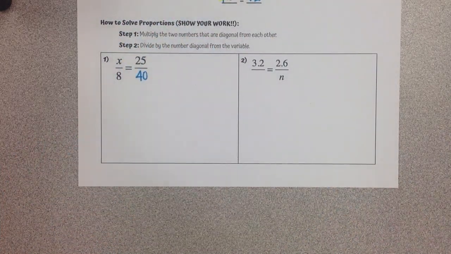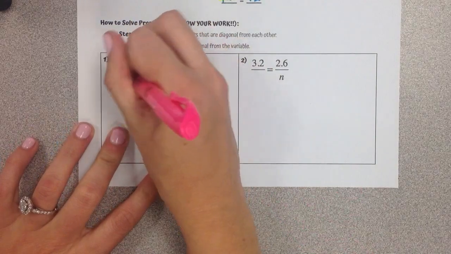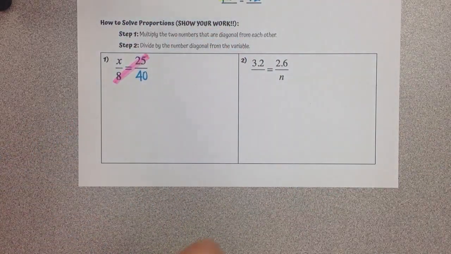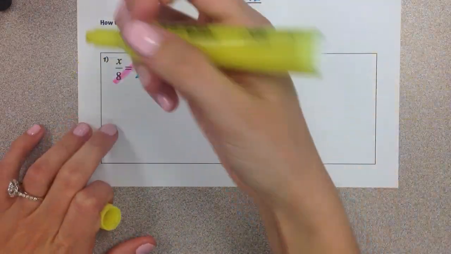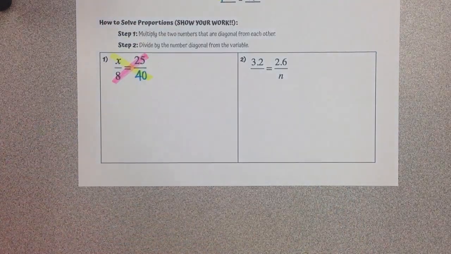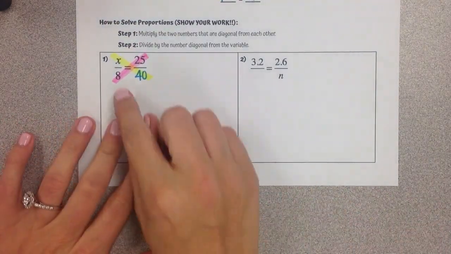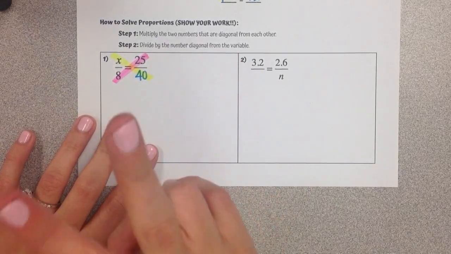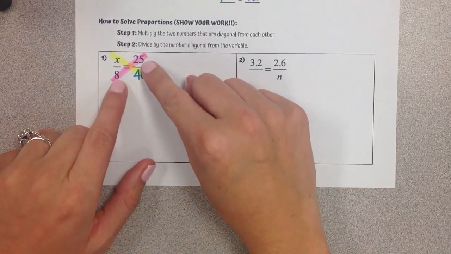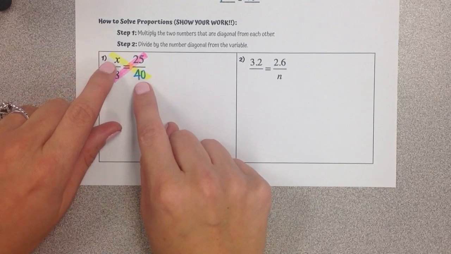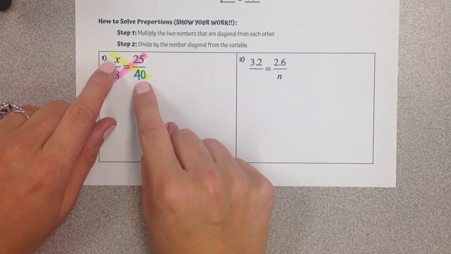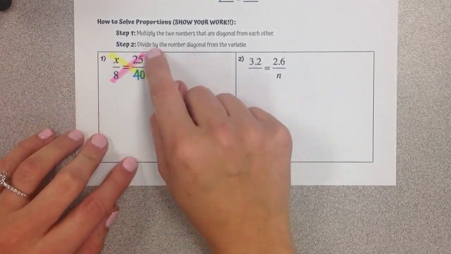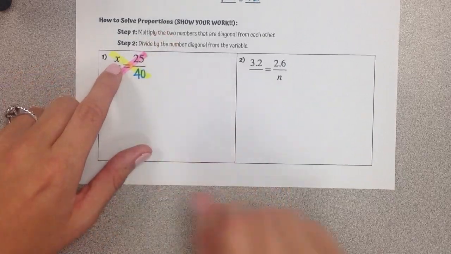And then we're going to highlight the two diagonals. So I've got one diagonal in pink here. I've got my other diagonal in yellow here. So basically we're deciding between these two, my pink and my yellow, which of these diagonals has two numbers in it. The pink has 8 and 25, the yellow has x and 40. The diagonal that has two numbers in it is the pink diagonal, because the yellow one has a variable.